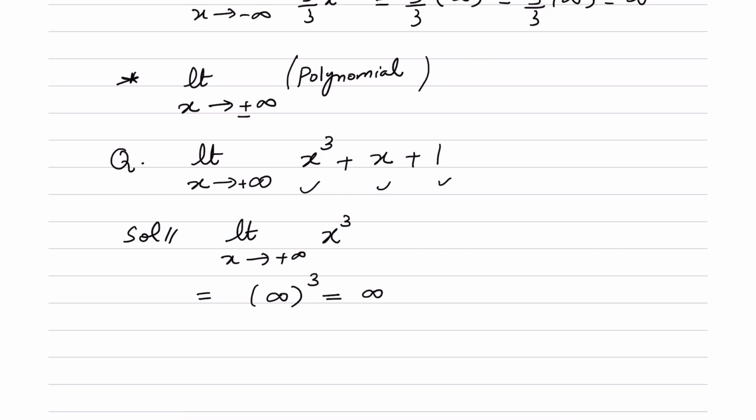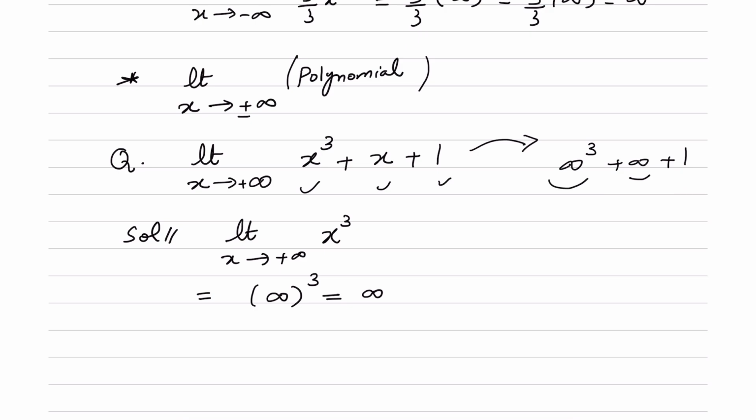Because we know that the end behavior of a polynomial matches the end behavior of its highest degree term. The highest degree term is x cube. Whenever we plug in infinity, we get infinity cube, then infinity, and then plus 1. But 1 is a very small number compared to infinity, and 1 is a very small number compared to infinity cube, so 1 does not matter here.